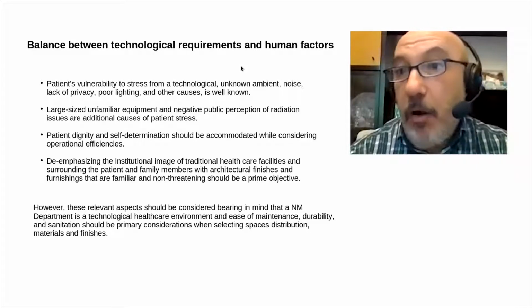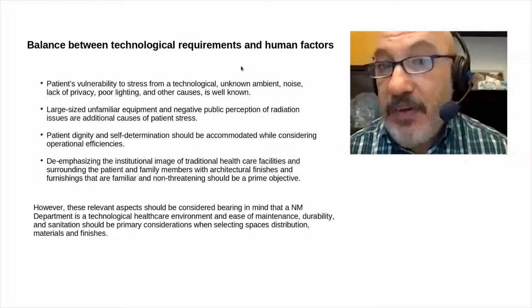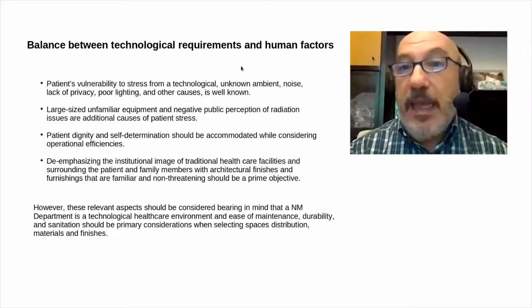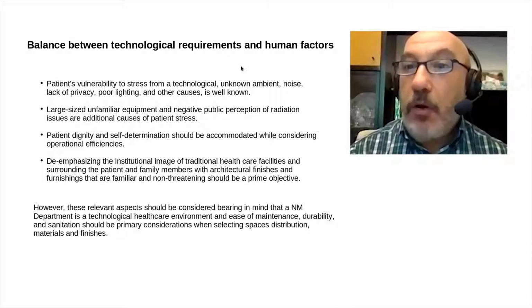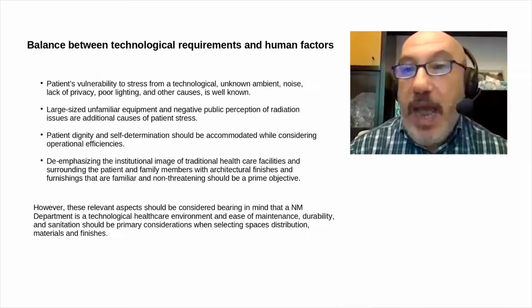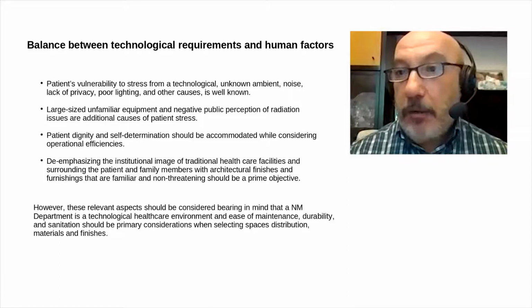The patient is ill or suspected to be severely ill, and can be stressed, not confident about what is going on, and frequently we ask them to take off part of their clothes.